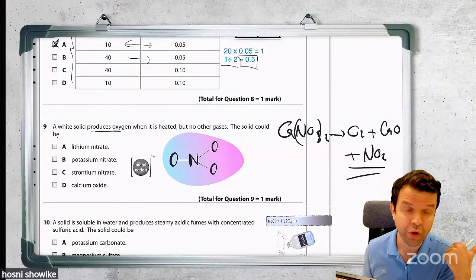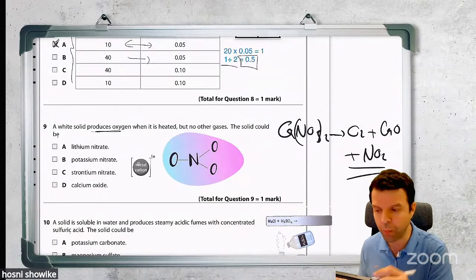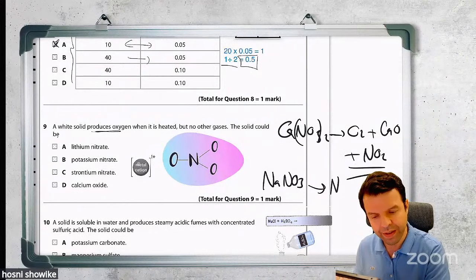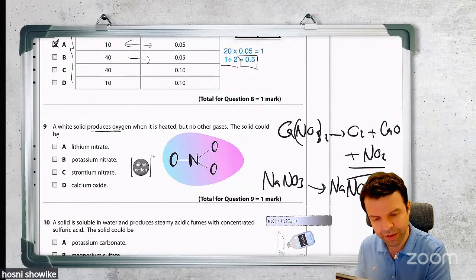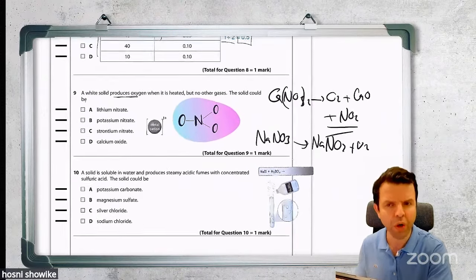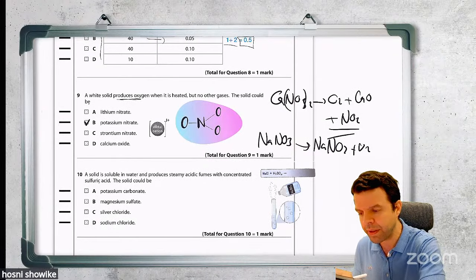Unlike group 1, which are more thermally stable. When they decompose, like let's say sodium nitrate, that's only going to give me sodium nitrite and oxygen. So the question here states, which one here is going to perform that way?